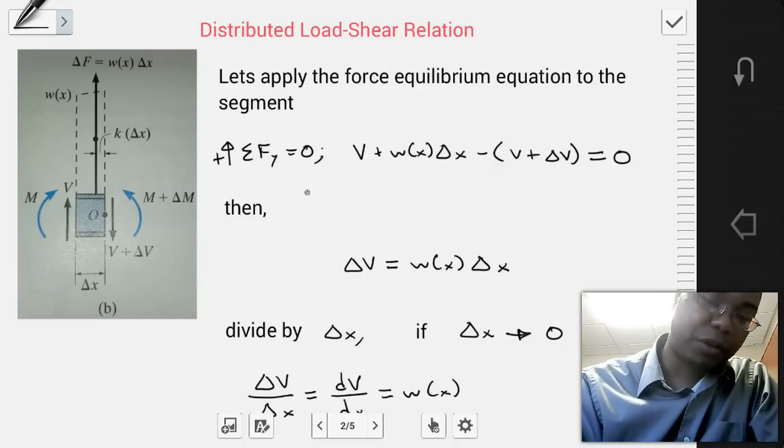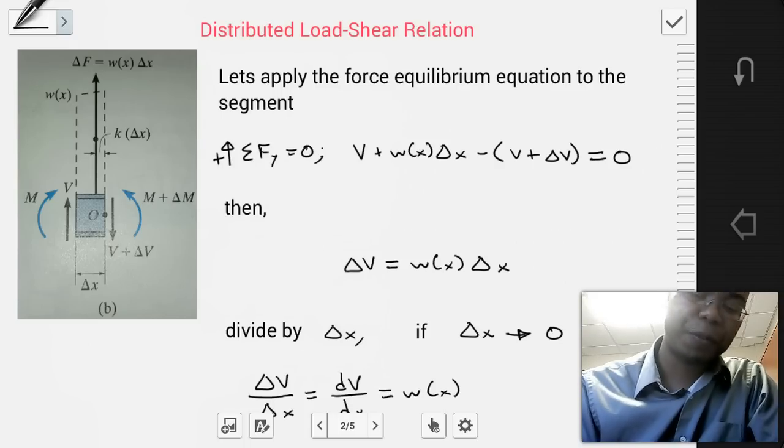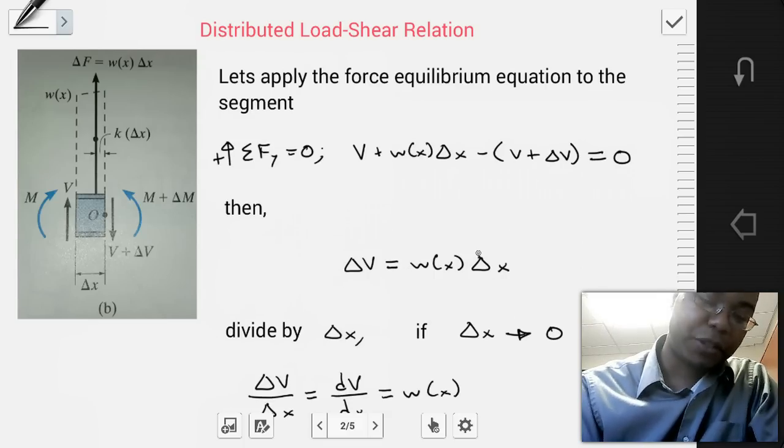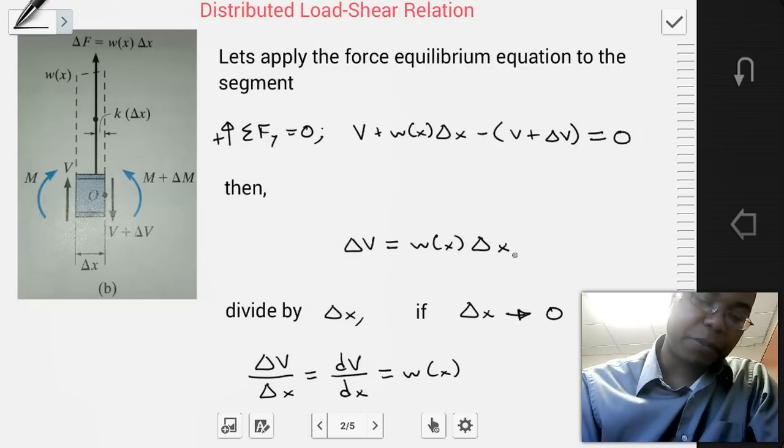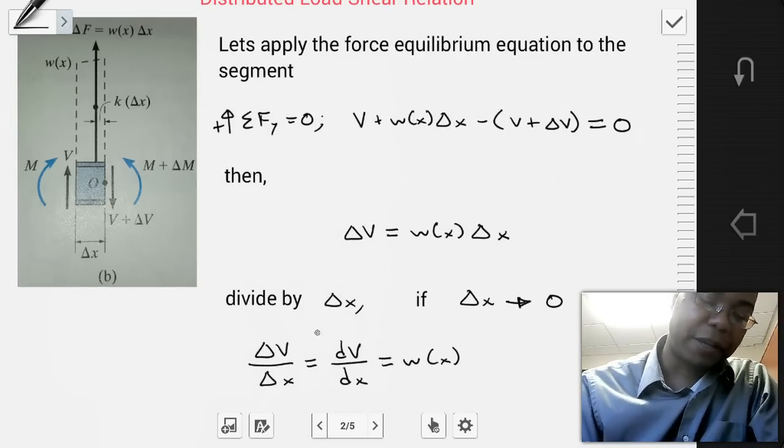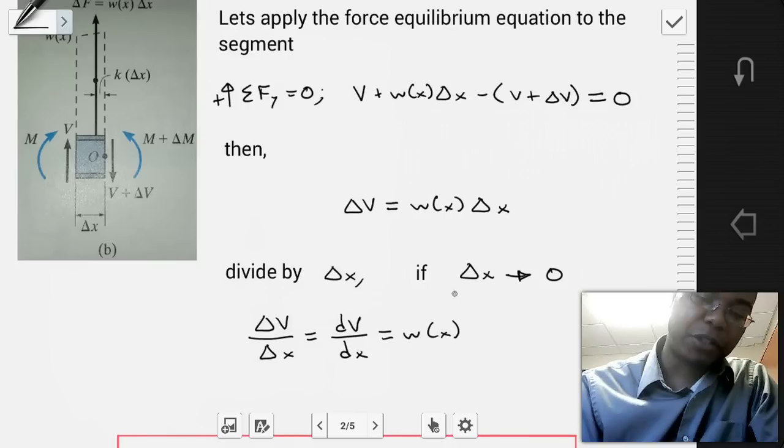Then, canceling out the like terms, we find that the change in the shear force is going to be equal to the distributed load times the length of the differential element, the change in x.